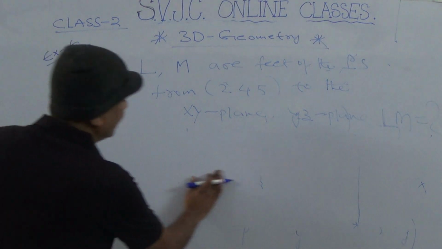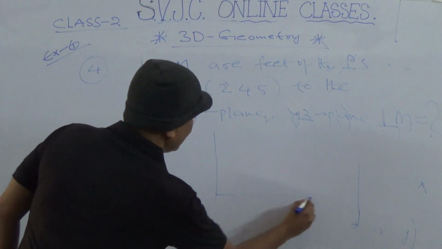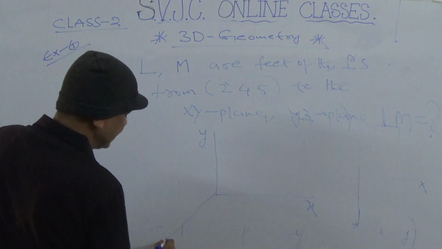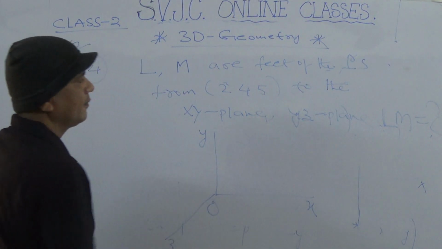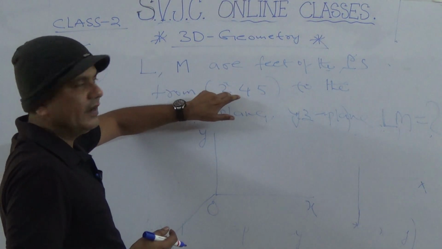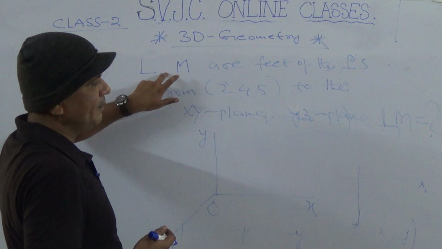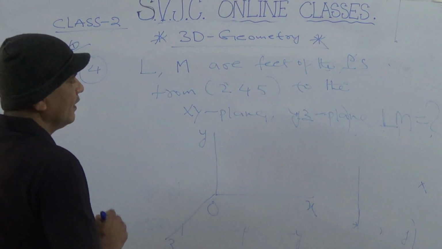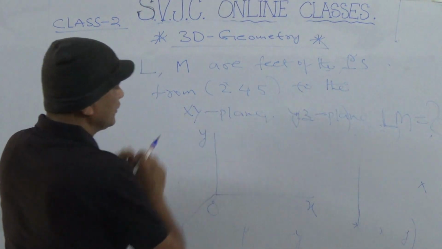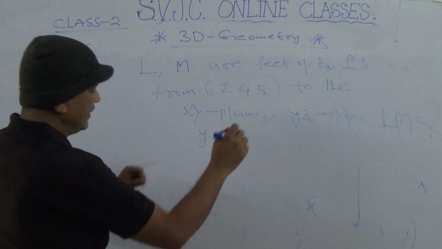For example, now this is the coordinate system: x-axis, y-axis, z-axis, origin. Now L is the foot of the perpendicular from this point (2, 4, 5) to the xy plane and the yz plane.